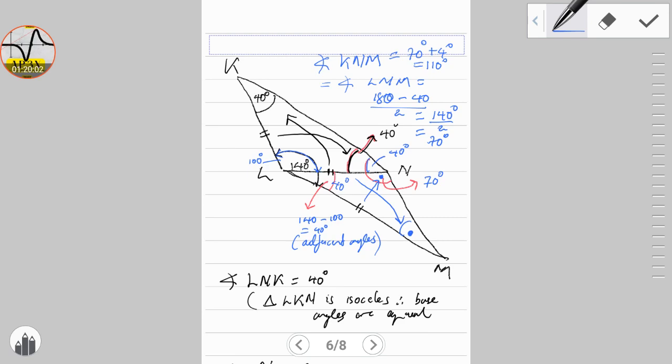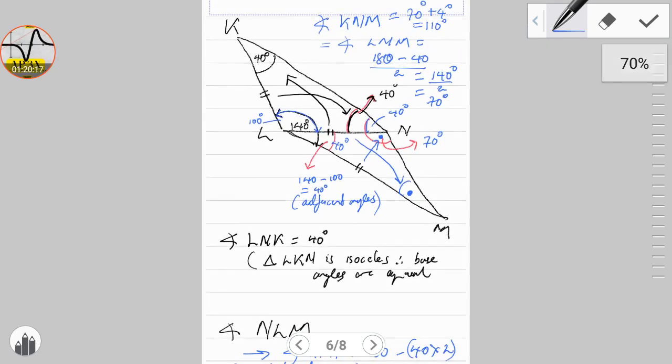Isosceles triangle, angles in a triangle measure 180, angles at a point in a straight line measure 180, base angles are equal, adjacent angles. Understand those basic angle principles. All right, so hopefully you guys finally got some clarity on how to approach this particular type of question.